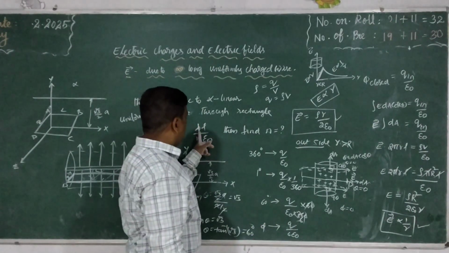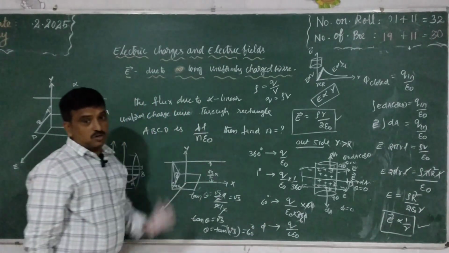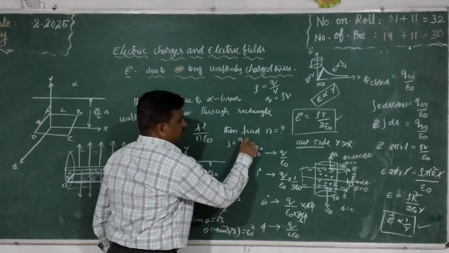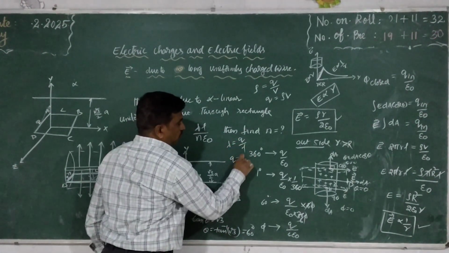What did they give? λL by nε₀. Q here is the charge, with λ the linear charge density, the charge per unit length. So Q equals λL.